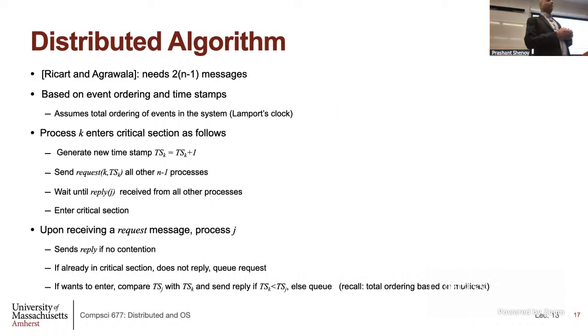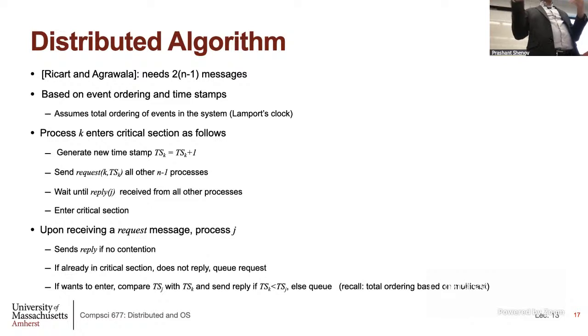Here is another one, which is called the Ricart and Agrawala algorithm. This one uses Lamport's clocks that we looked at several classes ago. So the idea here is that every time a process is going to request a lock, it's going to attach a Lamport's clock value to that request.